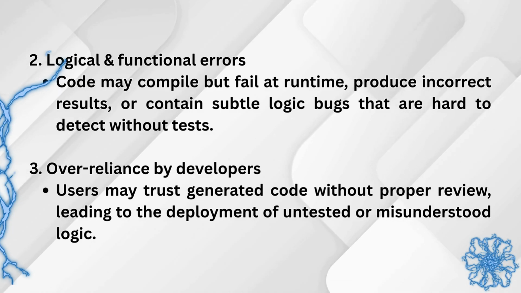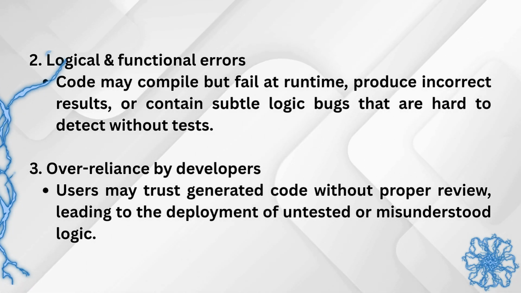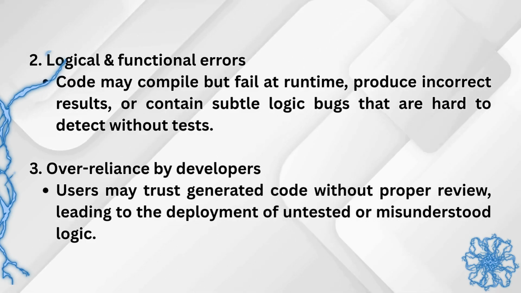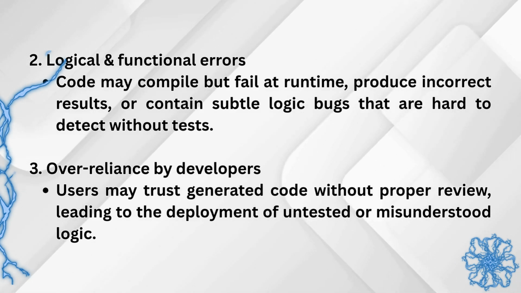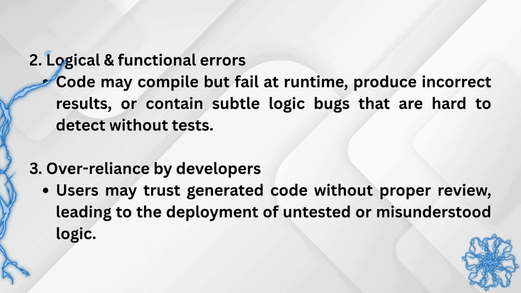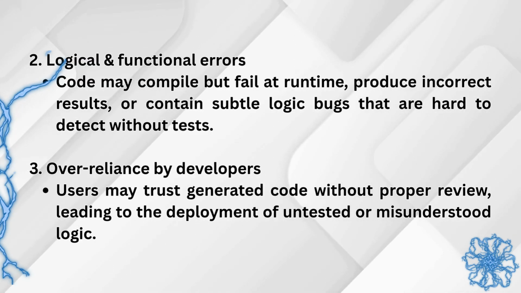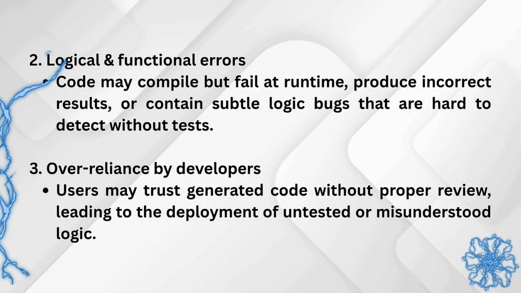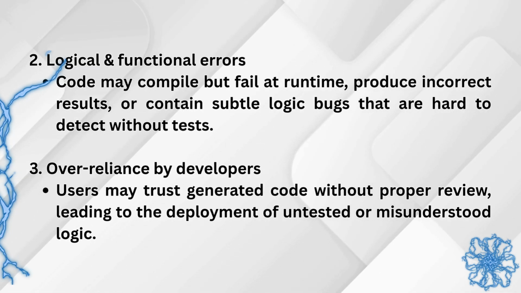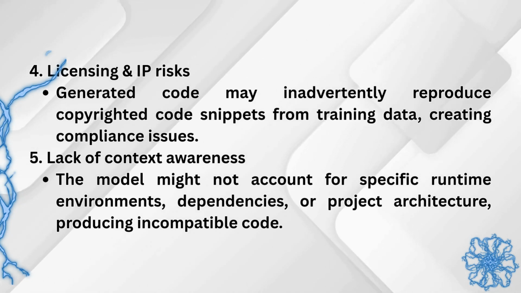2. Logical and functional errors. Code may compile but fail at runtime, produce incorrect results, or contain subtle logic bugs that are hard to detect without tests. 3. Over-reliance by developers. Users may trust generated code without proper review, leading to the deployment of untested or misunderstood logic. 4.